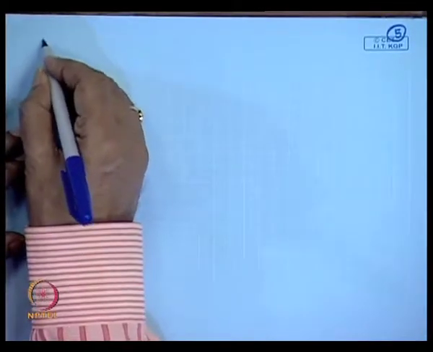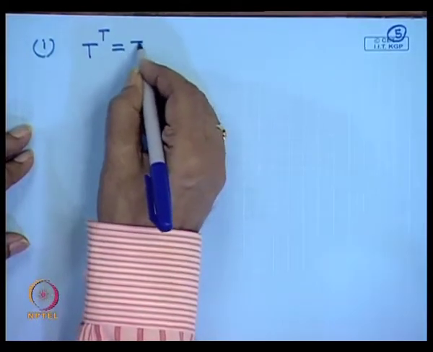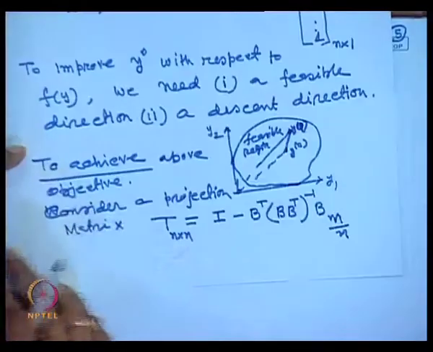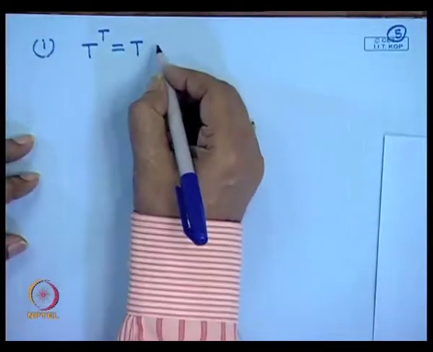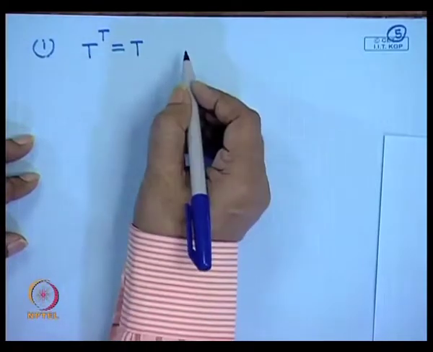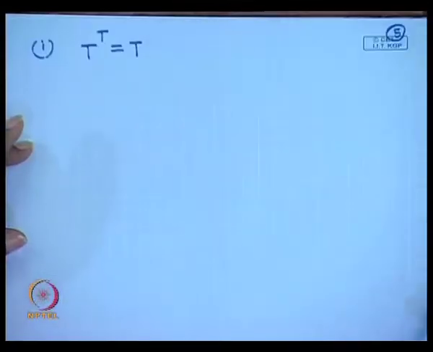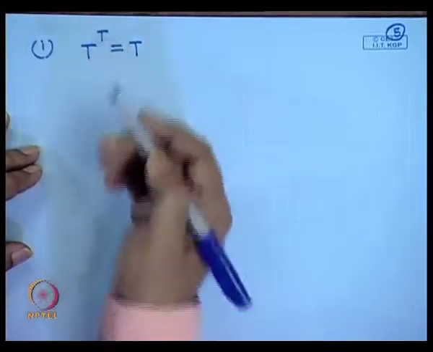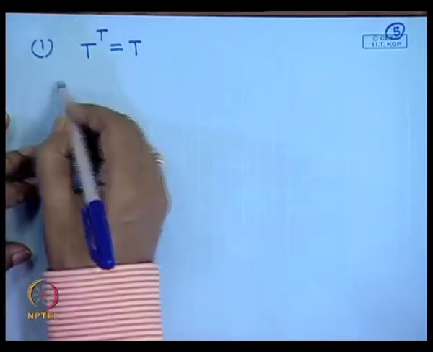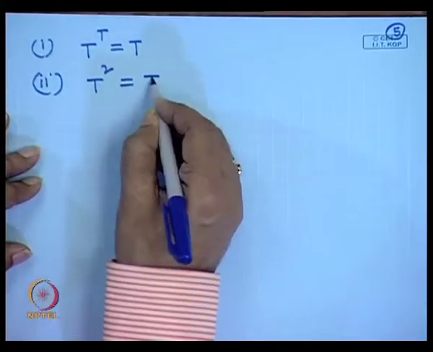One property is that T transpose is equal to T. If you take the transpose of this, you will get the same matrix; it is easy to prove from the structure of T. The second property is that T square is nothing but T.